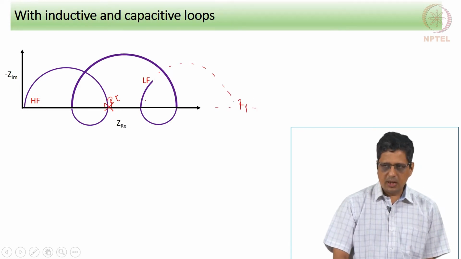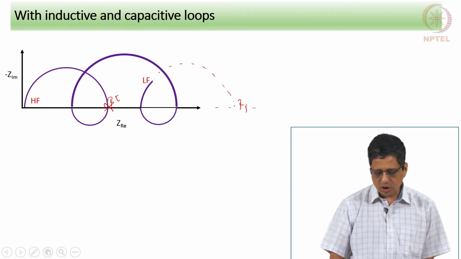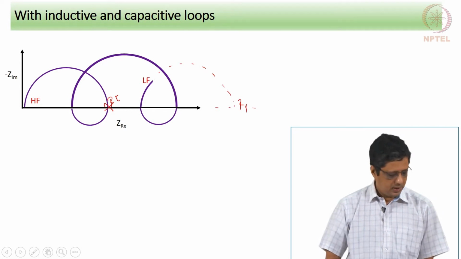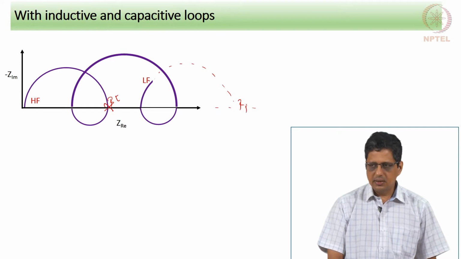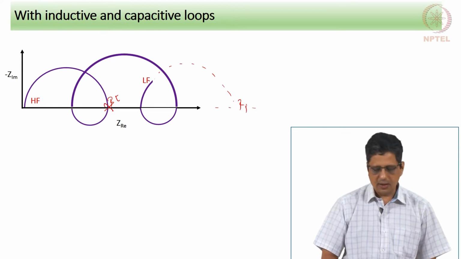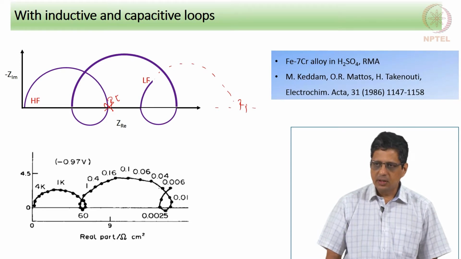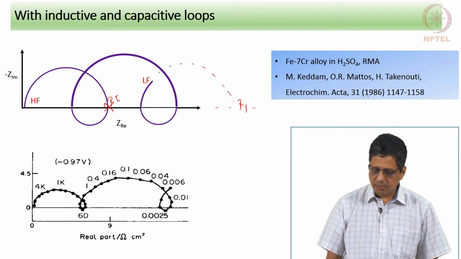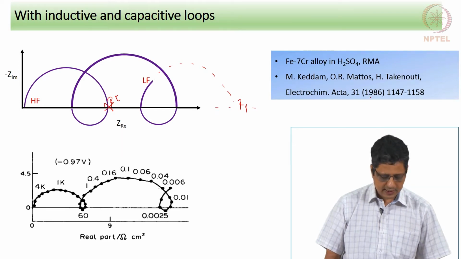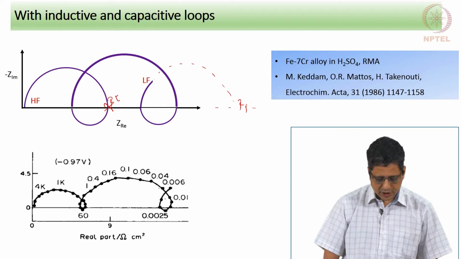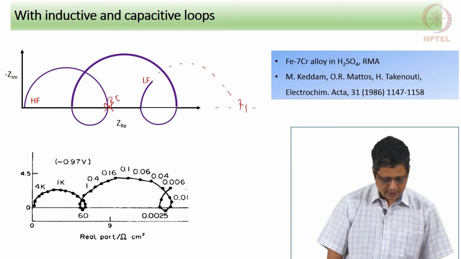Of course, if you actually model this and project this, you will not have that much confidence in the value of RP, but most likely the data at the lower frequencies were noisy or not reproducible. This was seen for iron chromium alloy dissolving in sulfuric acid and again published by Professor Kedem's group in 1986. So, this is the actual data taken up to 6 millihertz.